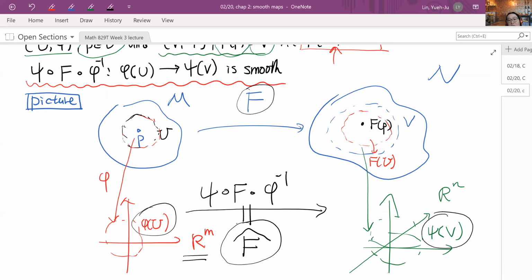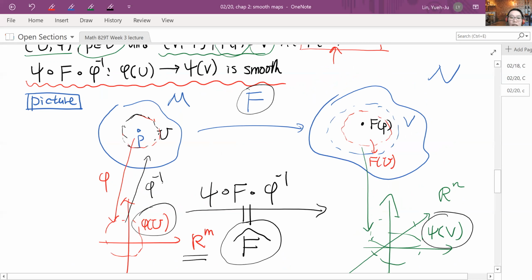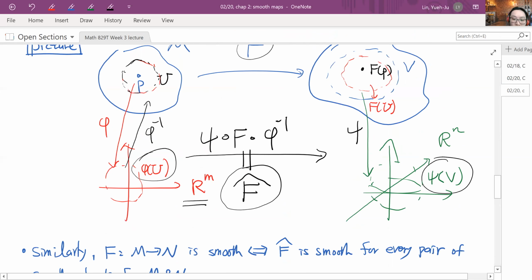This is the diagram we usually use, because sometimes you need to see which one composes which. This is what we call the coordinate representation of F.